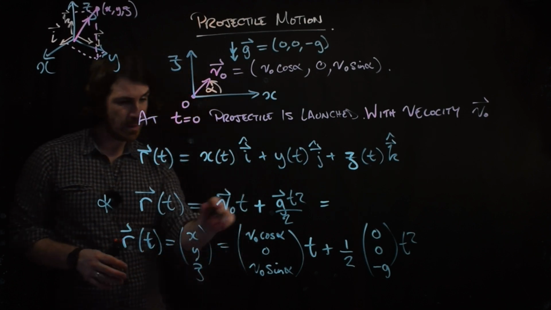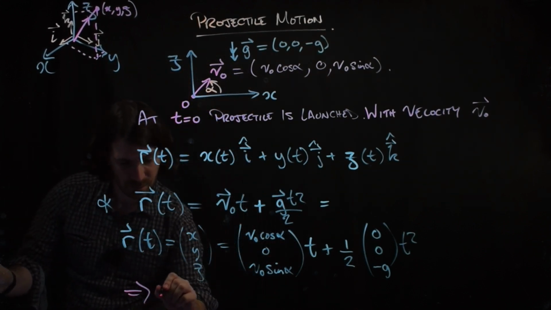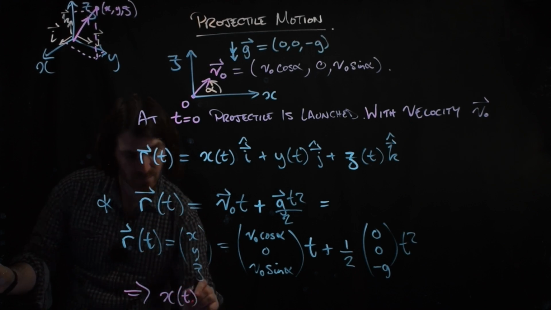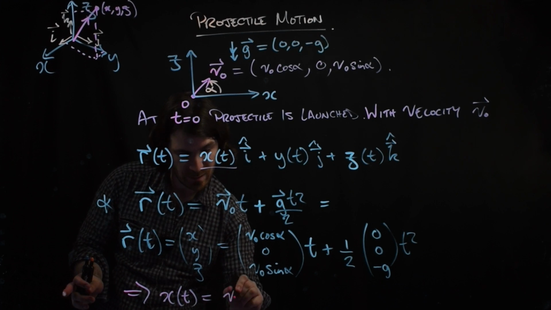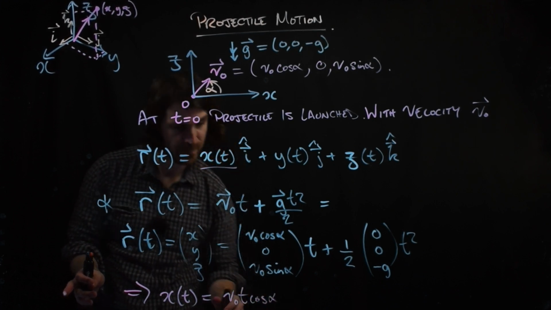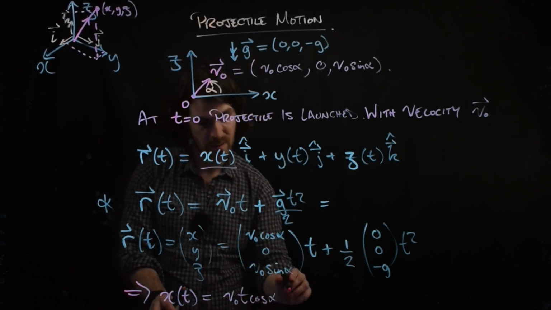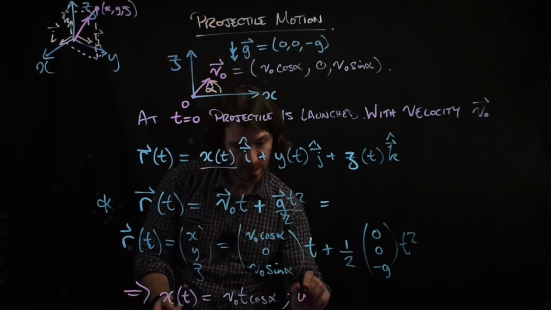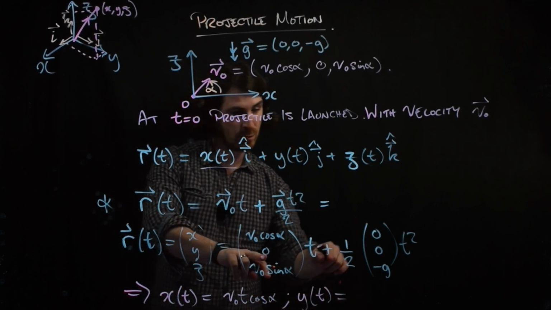So the x component tells us that x of t is equal to v0 t cosine alpha plus 0. Our y of t is equal to 0 plus 0.